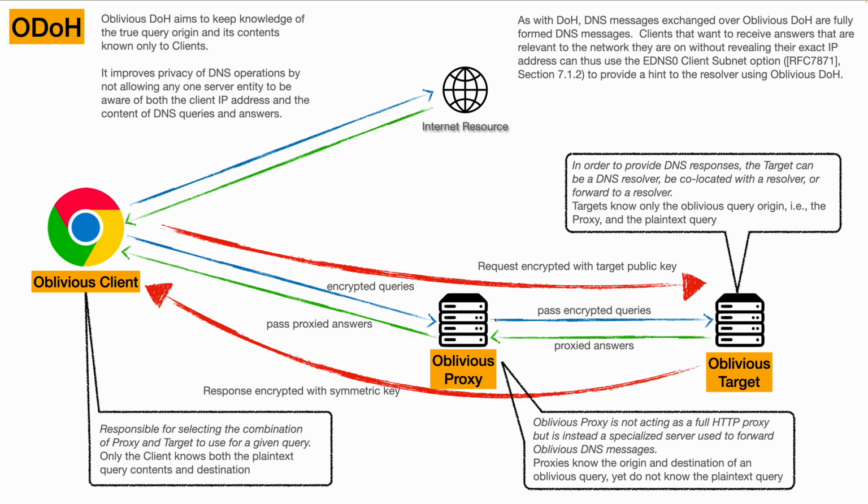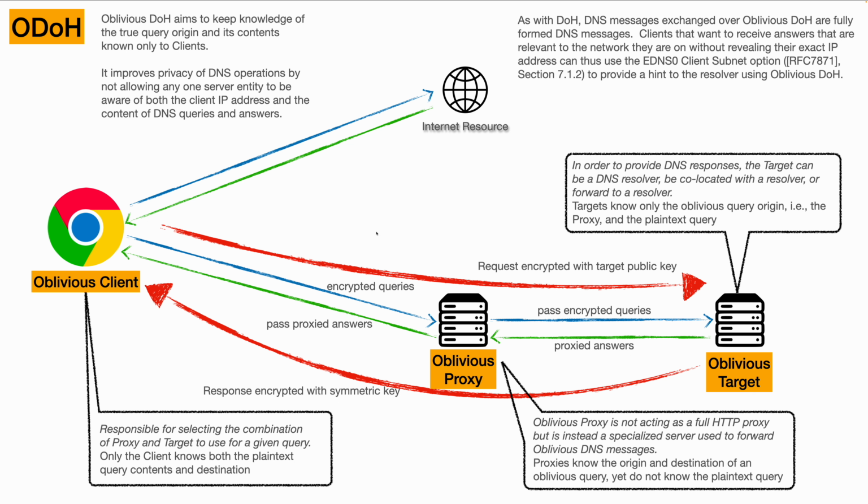It simply forwards the request to the Oblivious target. It will communicate directly with your client using HTTPS. The Oblivious proxy will communicate with the target, and the target, normally a recursive resolver, will complete the DNS query.